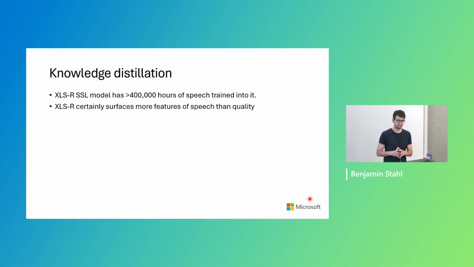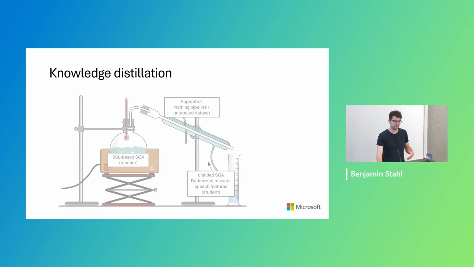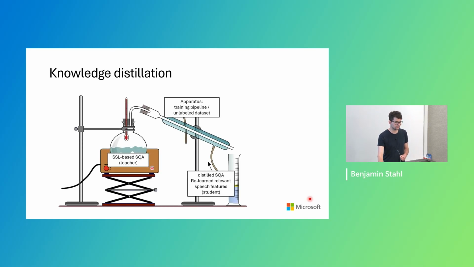And it certainly surfaces more features than just the quality of speech, which are unnecessary for the tasks. And therefore, I came up with this scheme here, where I used the SSL-based speech quality assessment model as a teacher. And I'm trying to distill only the important parts of these features into a more compact model.